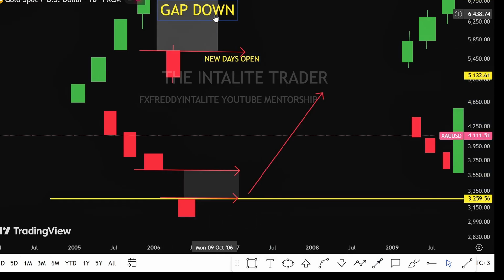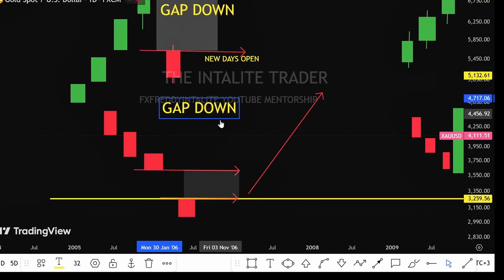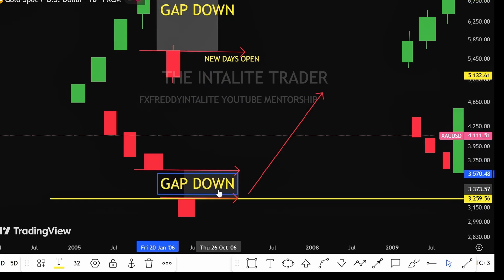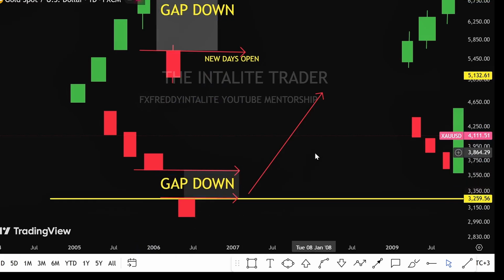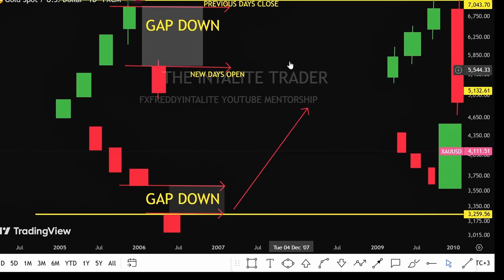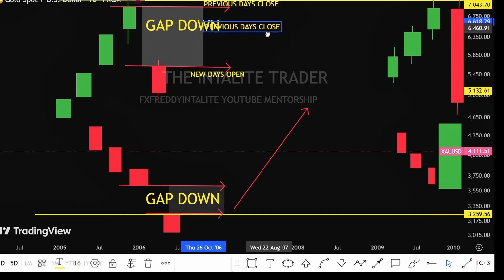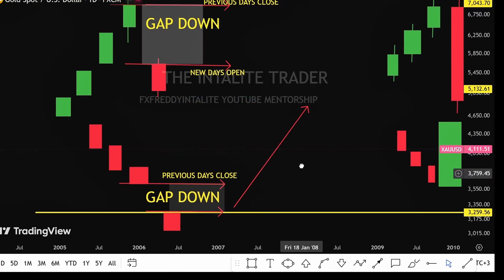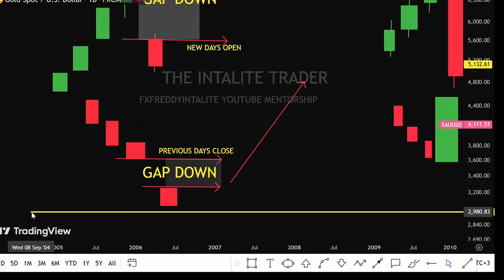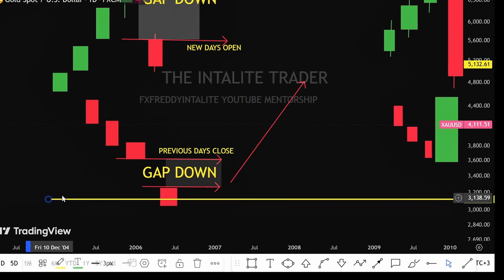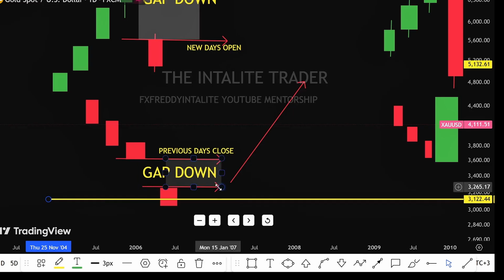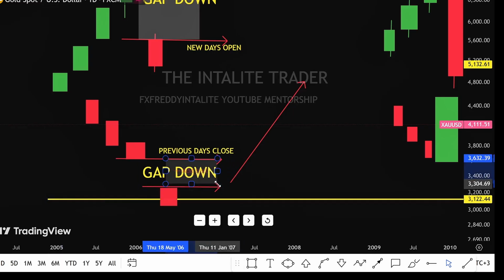This is also a gap down. Mark me correctly, don't misquote me. We have the previous day's close here. Price gaps into a key level when it has not reached the level. It gaps into the level.